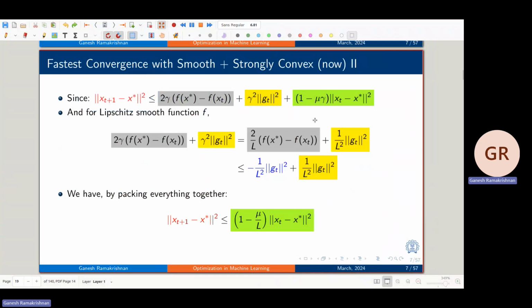I've said, well, this part is less than or equal to 1 minus mu by L, norm xt minus x star square. Now, what is this? Gamma is 1 by L, so I can use that.